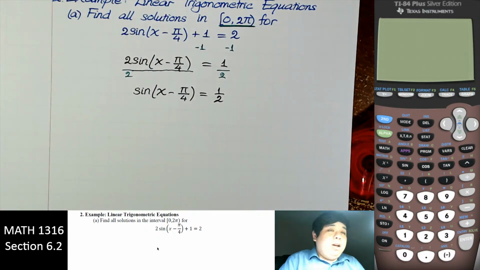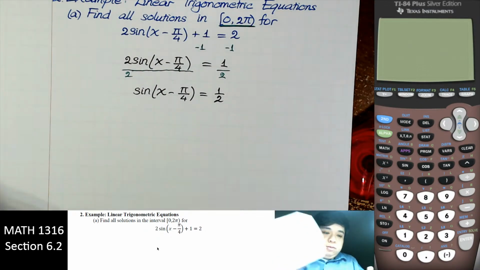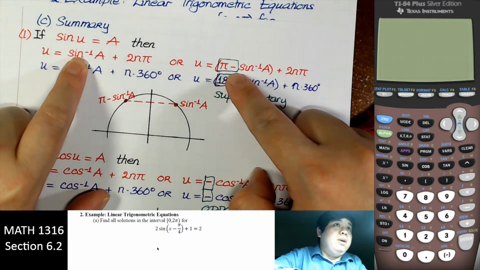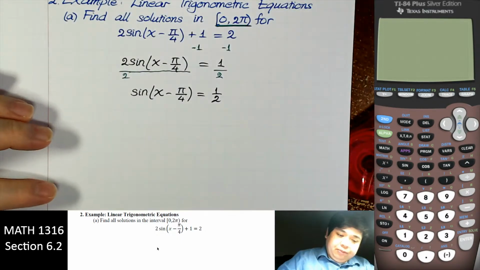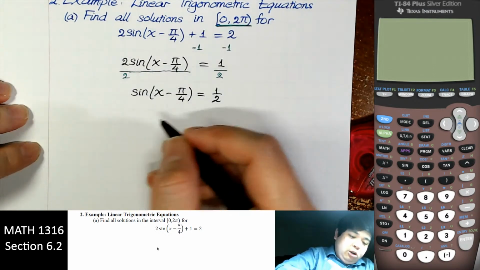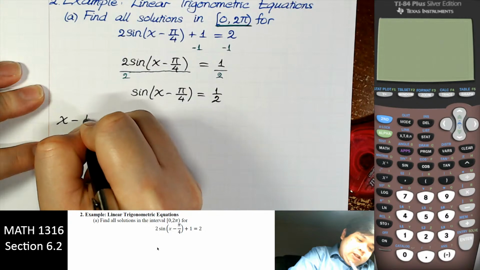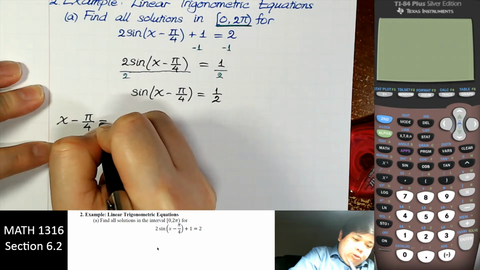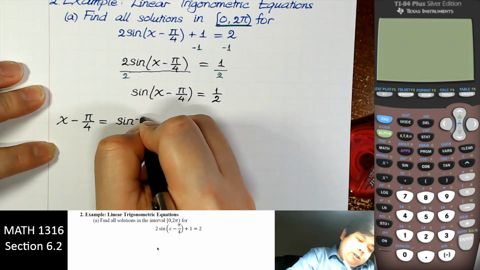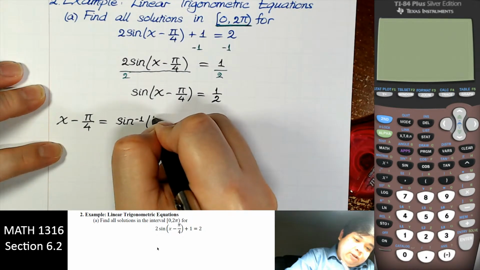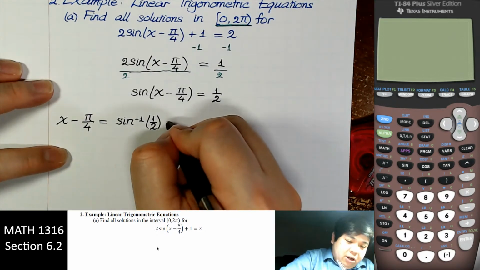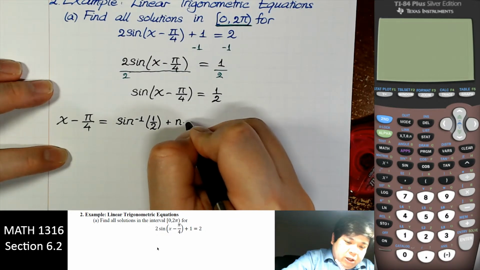Now, sine of something equal to a is either sine inverse of a or the supplement to it. So we will say the sine argument, x minus pi over 4, will be equal to sine inverse of 1/2 plus n times 2 pi.